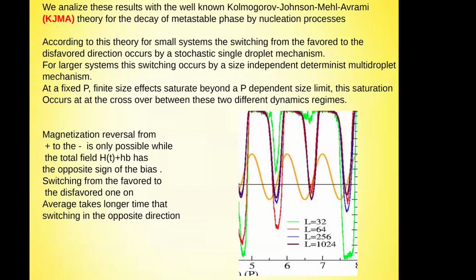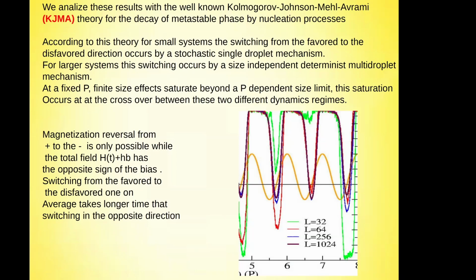Okay, so now let's analyze this result with the well-known KJMA theory for the decay of a metastable phase by nucleation process. As I was telling you, according to this theory, a small system is switching from the favored to the disfavored direction. Here I call the negative phase the disfavored one, simply because you have a bias that is positive.